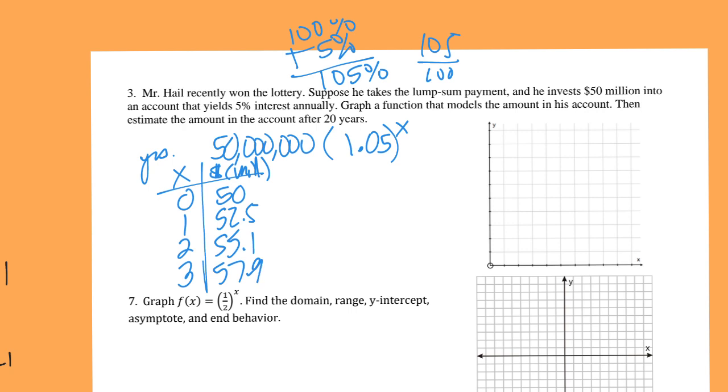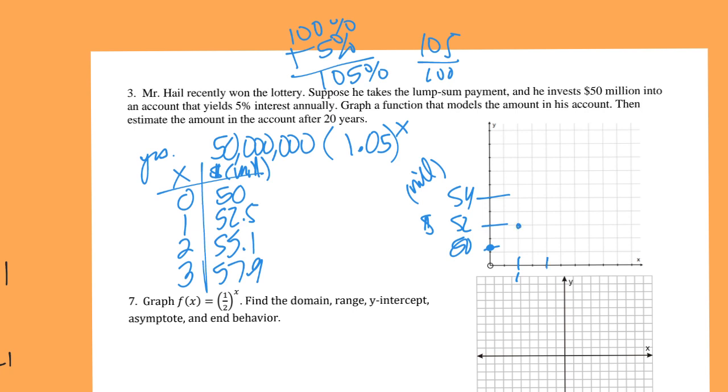Okay, and so we can kind of show this in dollars. If this is 50 million, and this is 52 million right here, and this is 54 million, and you could say in millions. Okay, and so it starts here. And then after 1 year, he's at 52.5 million.